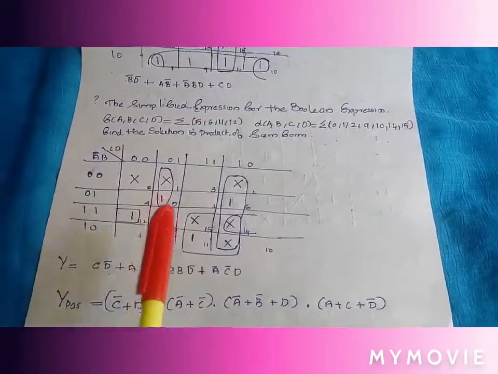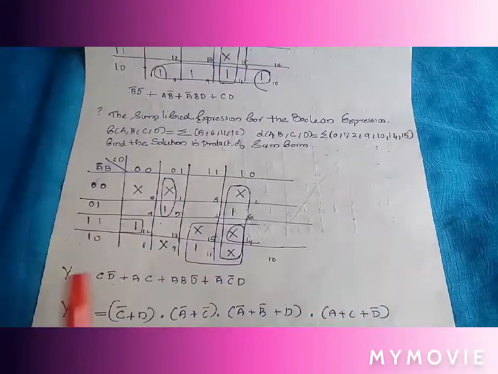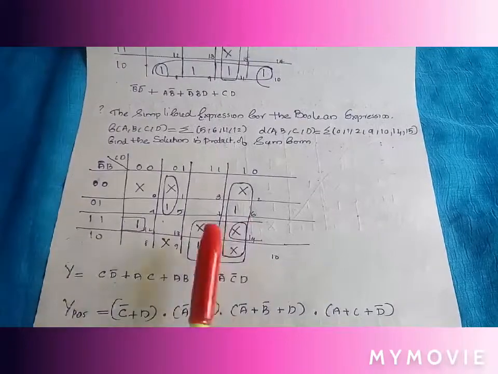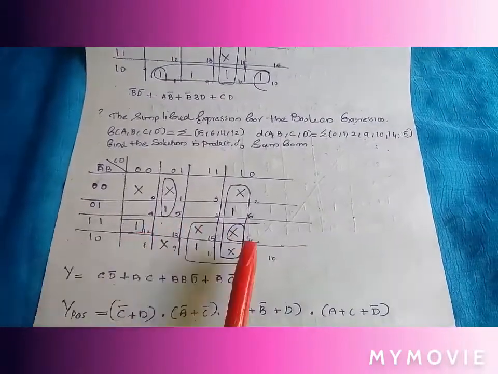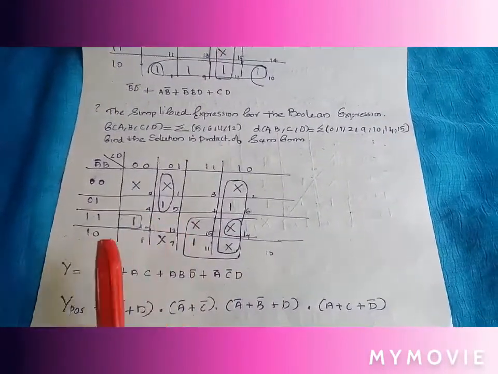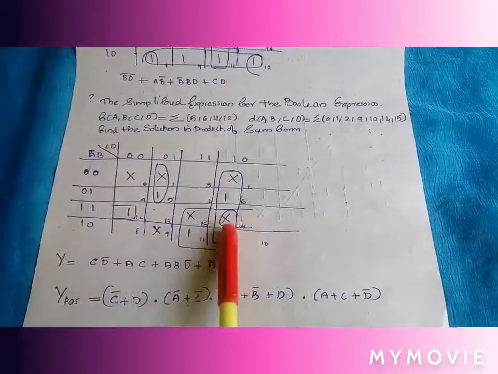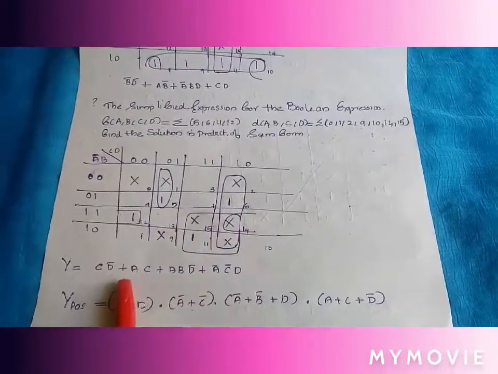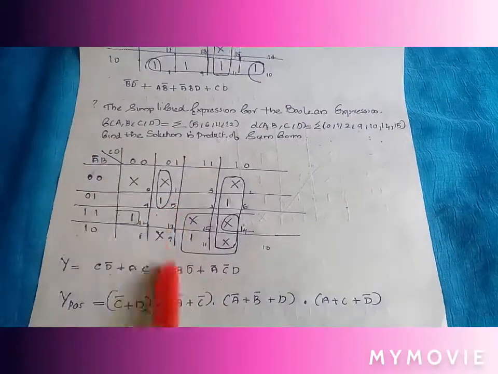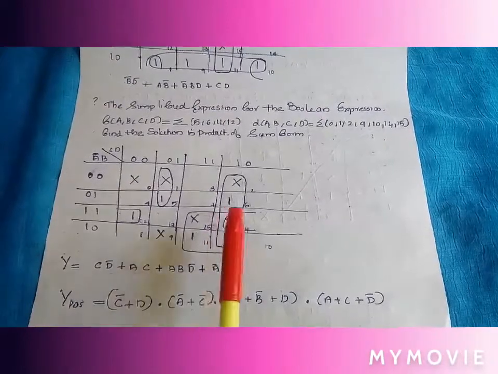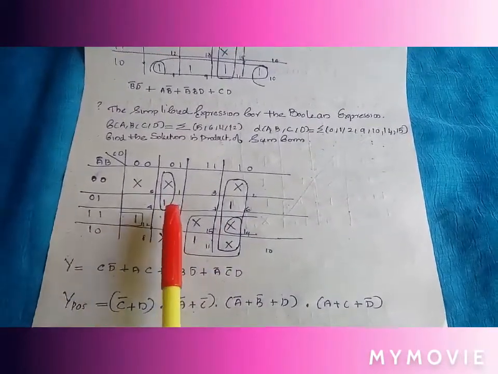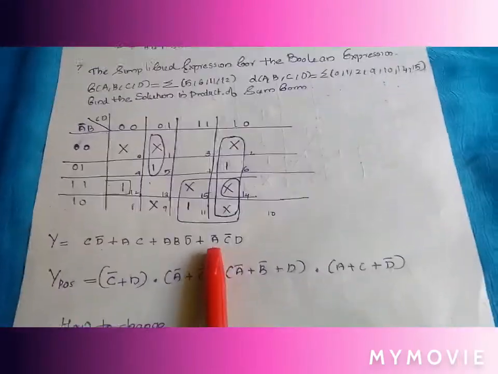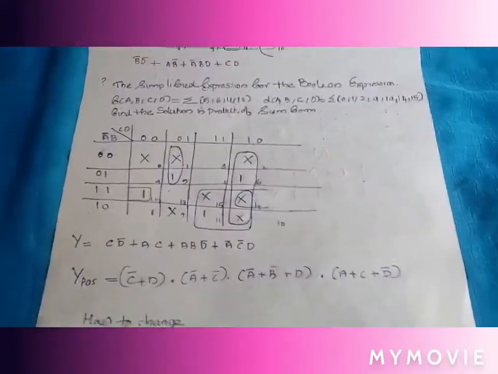We get a pair: here we have a 1, and we can make a group by folding the K-map, so we get a pair like here. For this K-map the answer is: for this quad C D bar, for this quad A C, for this pair A B D bar, and for this pair A bar C bar D.